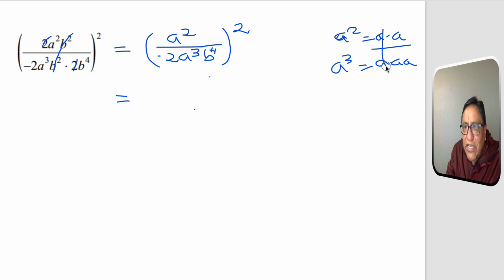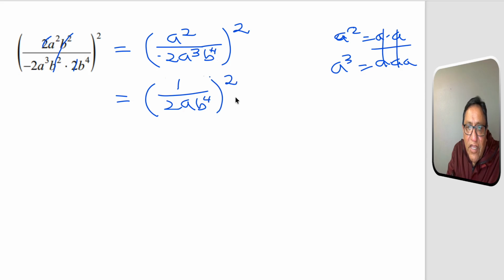If we cancel this a and this a, we will be left in the denominator with 1a. So what is left on the numerator? On the numerator will be left 1, because a divided by a is 1. In the denominator will be 2, so I am left with 1a. What about b? B to the power 4, there's nothing else to do.